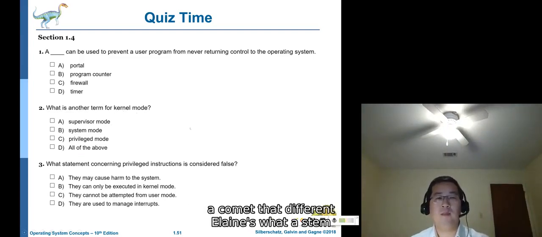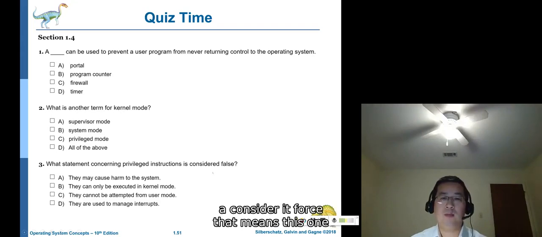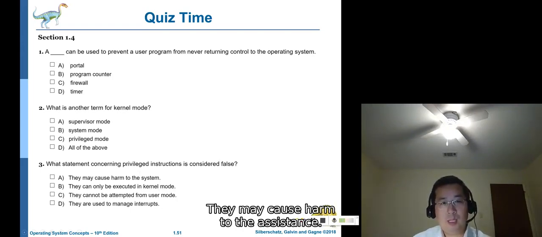What statement concerning privileged instructions is considered false? That means which one is false related to privileged instructions. They may cause harm to the system. They can only be executed in kernel mode.